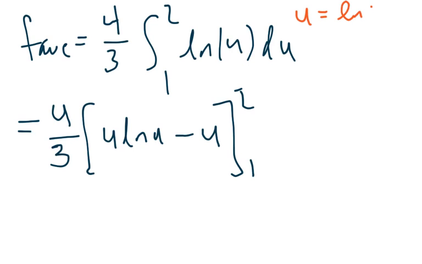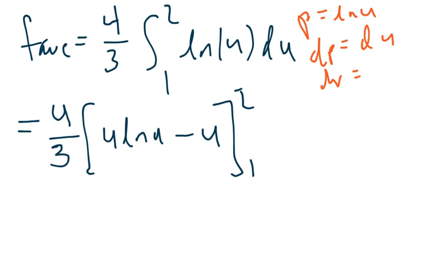We want to do integration by parts. So I'm going to say p is equal to ln u, dp is equal to 1 over u du.